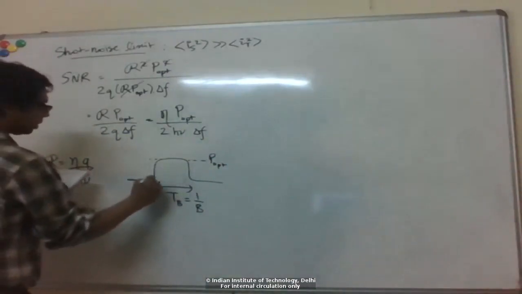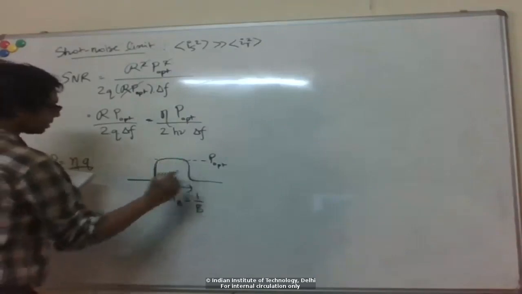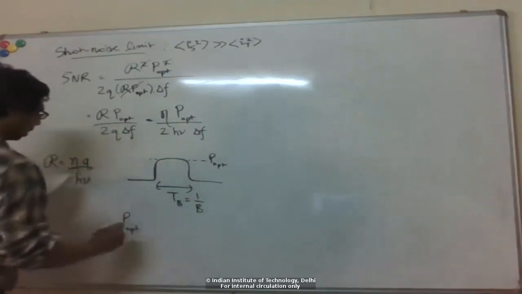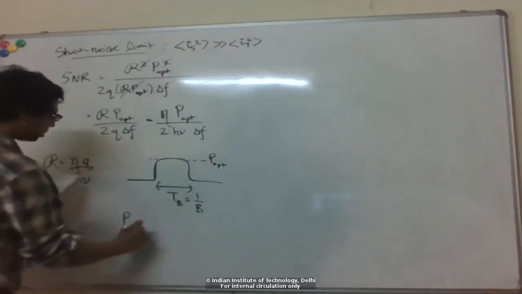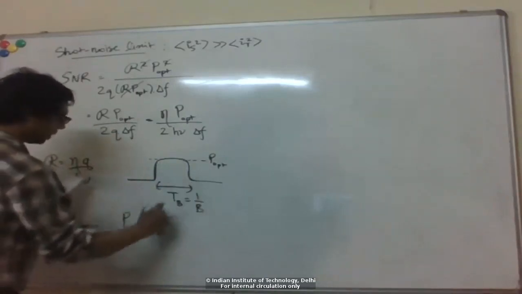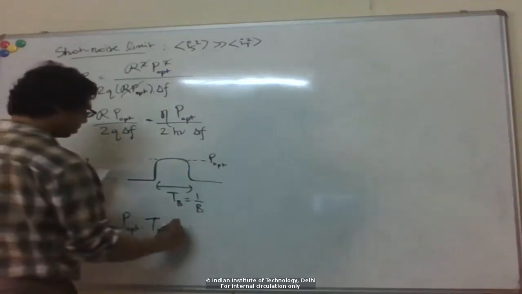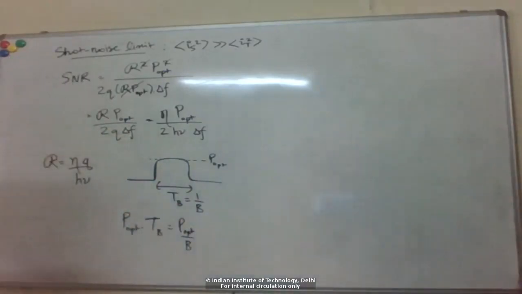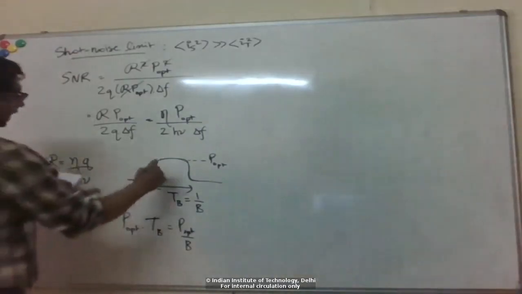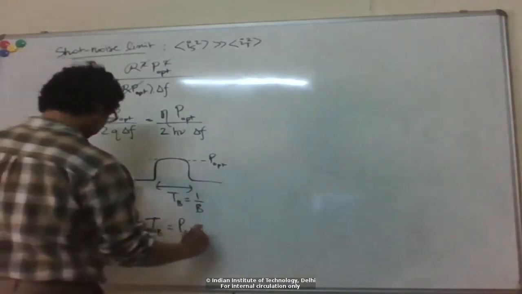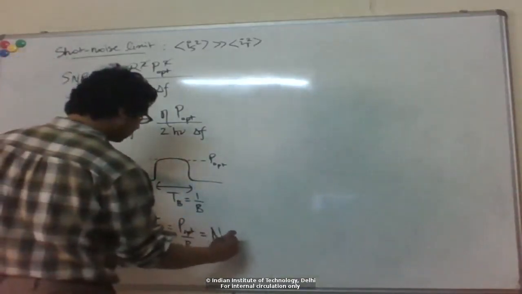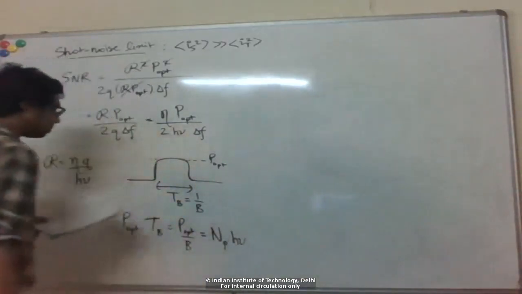If you look at the energy in this pulse, that is P times the bit period, or equivalently P divided by the bit rate, and the energy in this pulse is equal to the number of photons in this pulse times the photon energy.